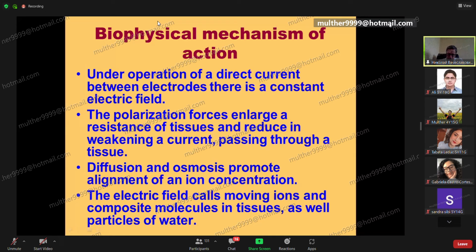Processes of diffusion and osmosis can promote alignment of an ion concentration. And the electric field causes moving ions and composite molecular tissues as well as particles of water.